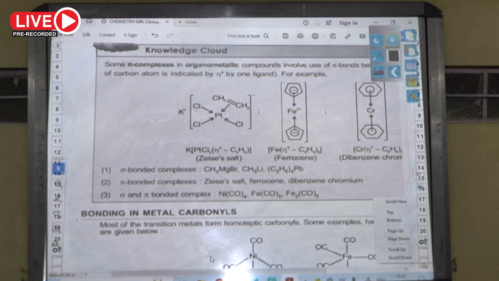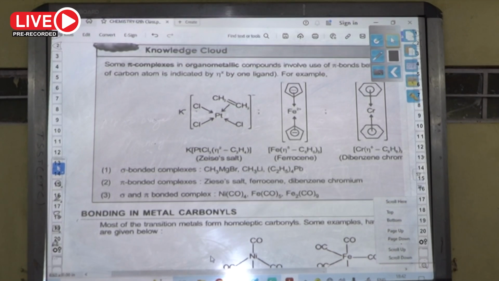Its structure also you have to write. K+ square bracket begins, PtCl3, and one ethylene molecule is there, C2H4, total square bracket with a minus charge.